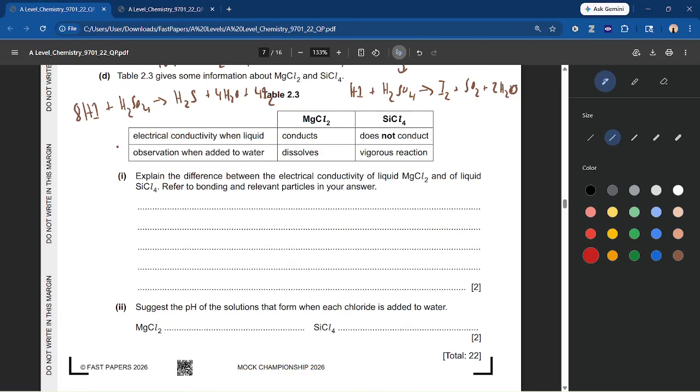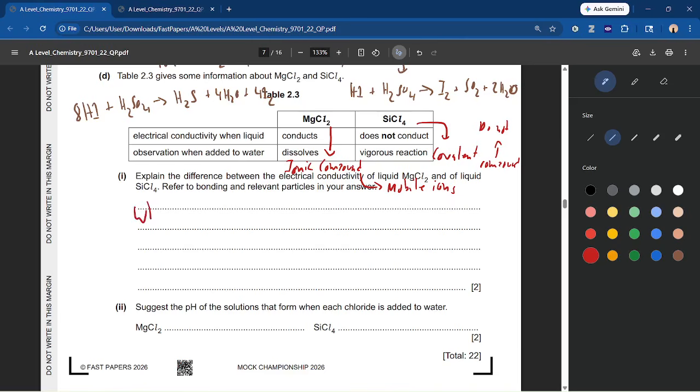So magnesium chloride is an ionic compound, whereas silicon chloride is a covalent compound. So ionic compounds have mobile ions, and covalent compounds do not.